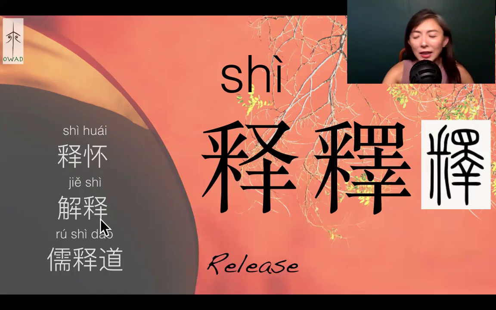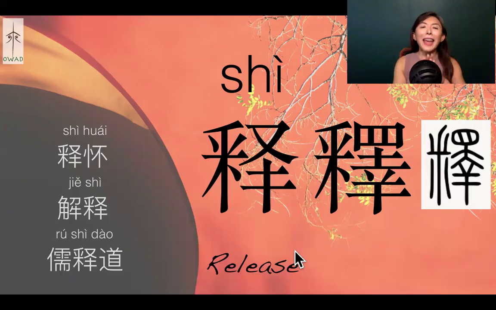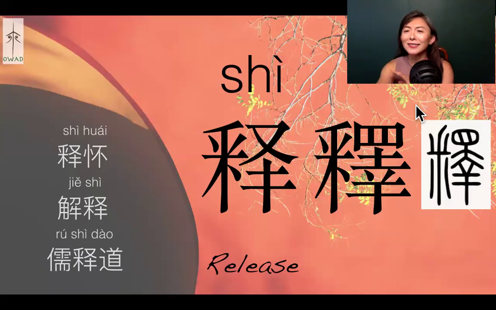Okay, 解释. 解, cutting cows with a knife and cutting off the cow's horns first. So this whole thing means dissecting. When we have dissecting paired with releasing together, it actually means explain. And I think it's quite deep because we have to wrap our mind around why dissecting, cutting, like butchering a cow, plus this discerning, like reading the animal paws or looking out for crimes, together can mean explaining.